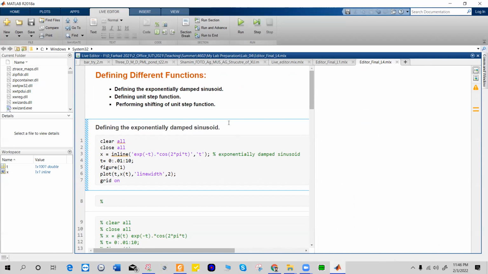So hopefully it will be easier for you to understand now. In the coding part, first we will see how we can define an exponentially damped sinusoid, also a unit step function. So at first we will see how we can represent different types of signal x of t.